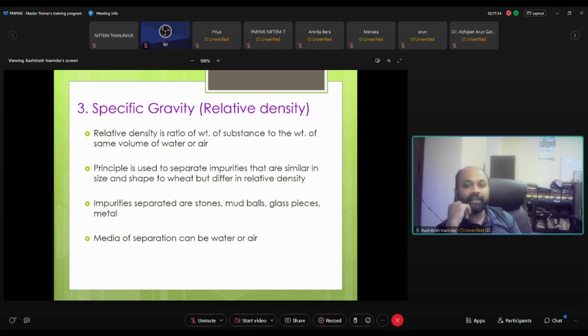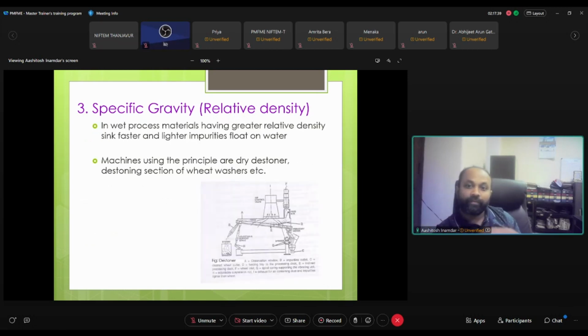And of course, the media of separation can be either water or air. If you see this particular machine, this is called a destoner. A destoner, as the name says, removes the stone, and the media used here is air. So what is done here is the material comes in on the deck, and it is connected with a fan which sucks the air from the bottom, and it comes through the deck. Now this deck is not a normal deck.